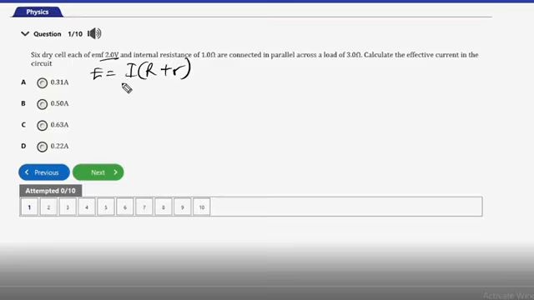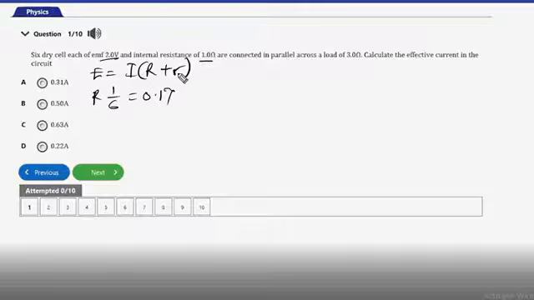as 2.0 volts, and for these 6 cells the voltage will remain the same since it's a parallel connection. So it means that the voltage is 2.0 across this. Whereas for the internal resistance, we are going to have r to be 1/6, and that's 0.17 here.